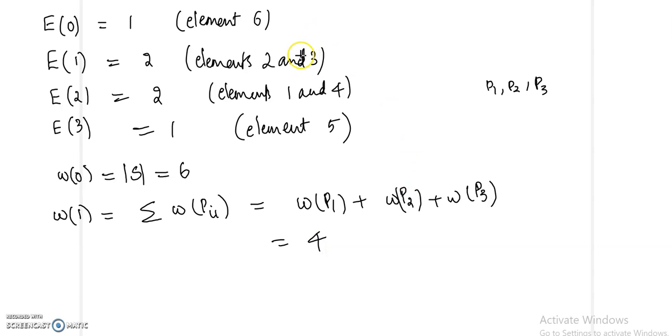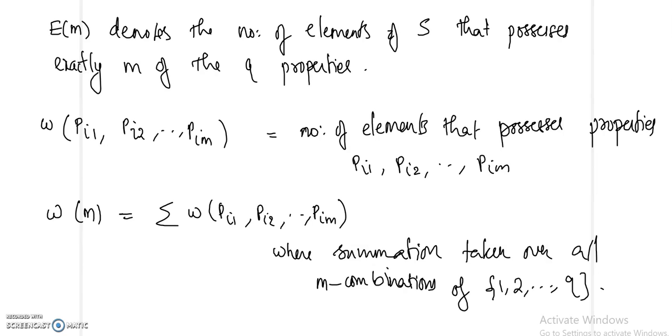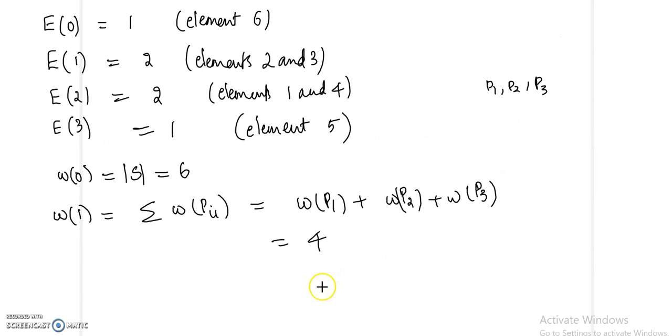Similarly, omega of P2 is the number of elements which possess the property P2, which will be 2. Similarly, the number of elements which possess the property P3 will be 3. So the values we need are 2 and 3. So 4 plus 2 plus 3 will be equal to 9.